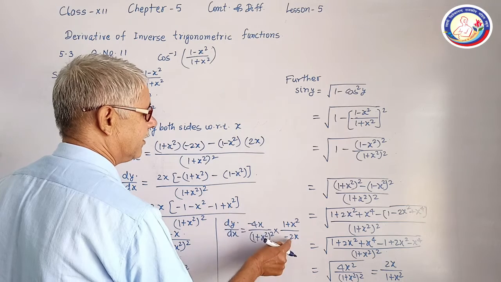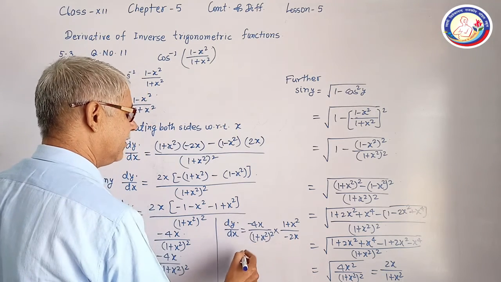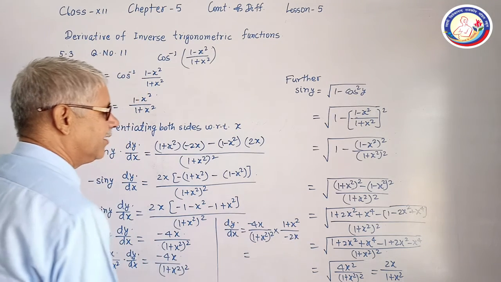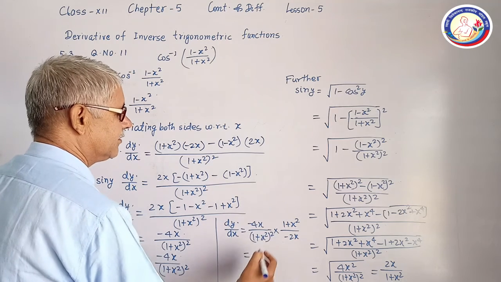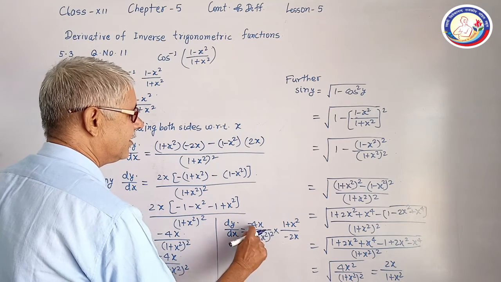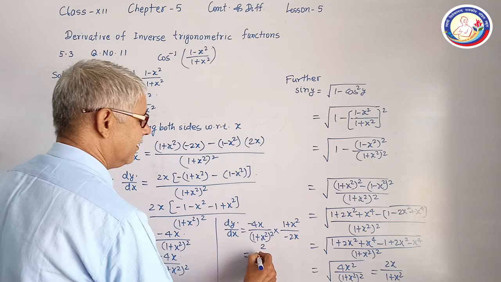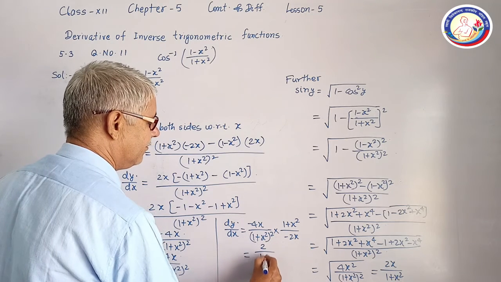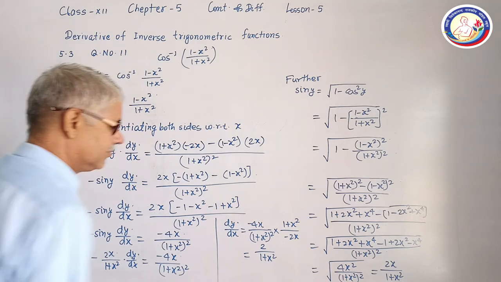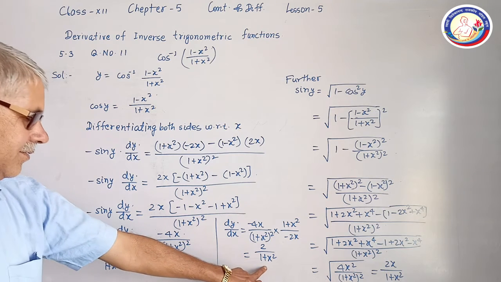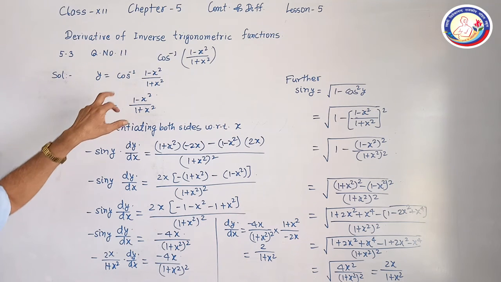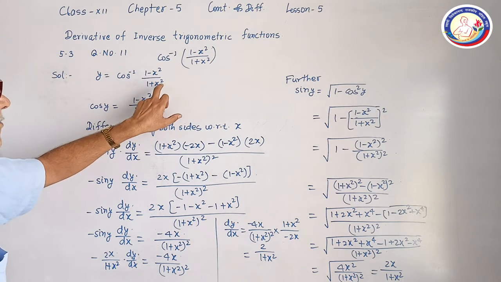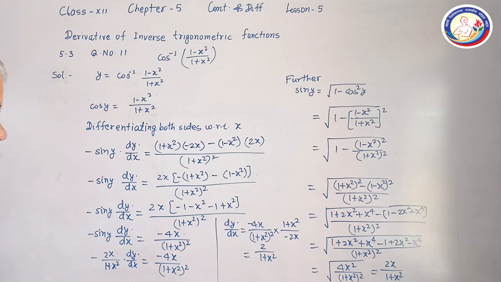Minus cancels with minus sign and after simplification we get 2 in denominator, x cancels with x, and here we will have only 1 plus x square. So this is the derivative of cos inverse 1 minus x square upon 1 plus x square.